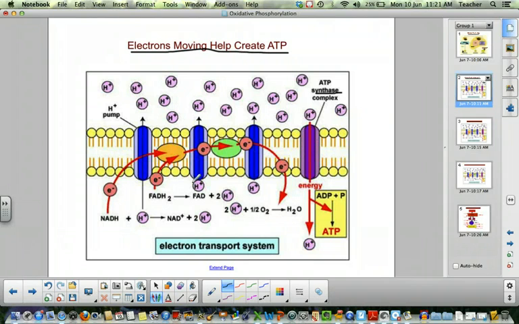Okay, now out here, this area right here is the intermembrane space. I'm going to call it IMS, the intermembrane space.